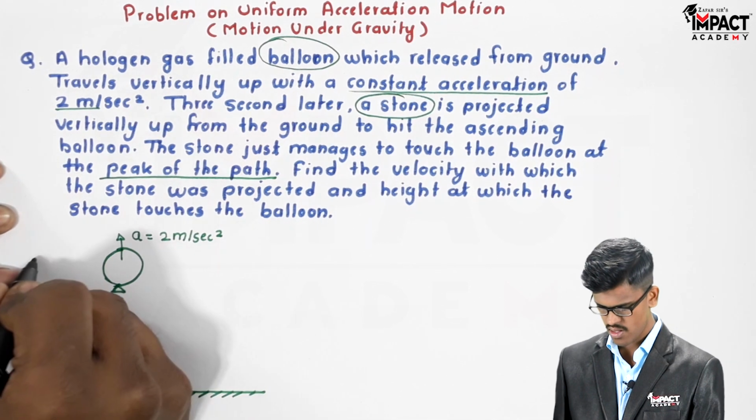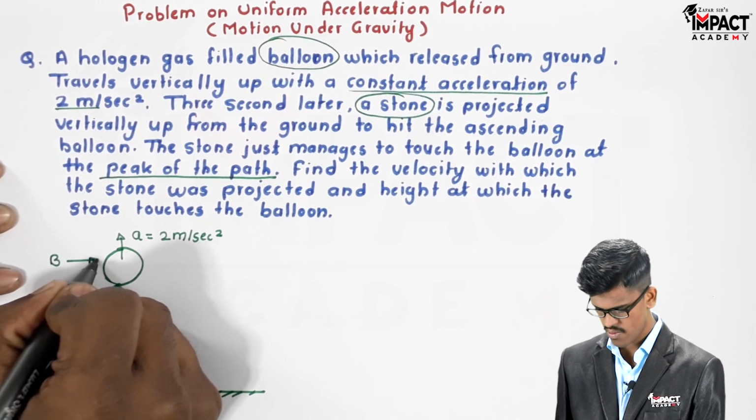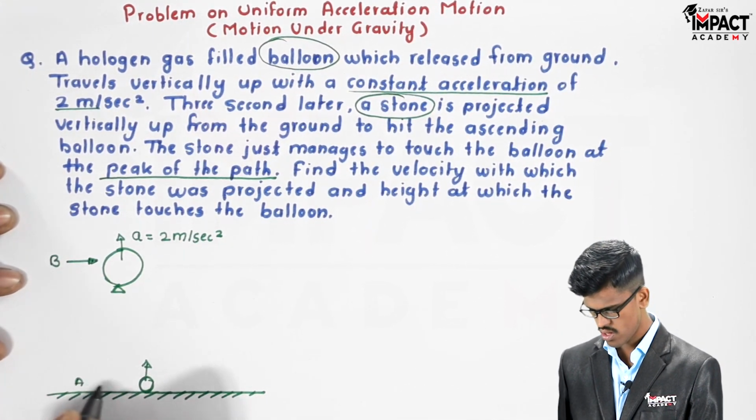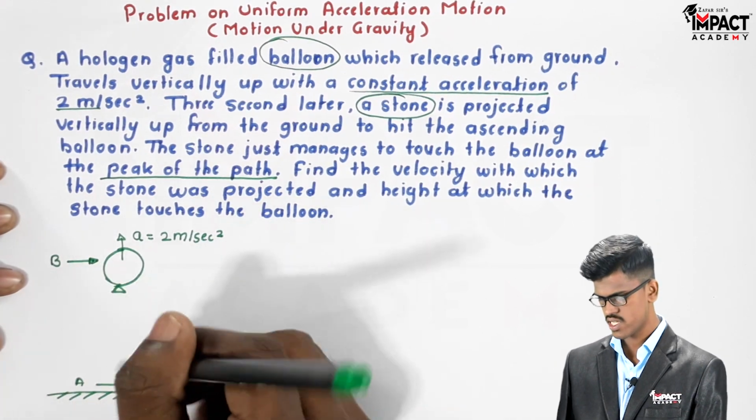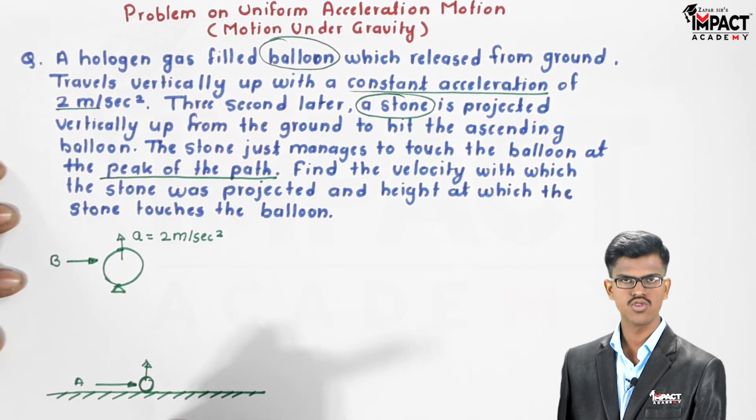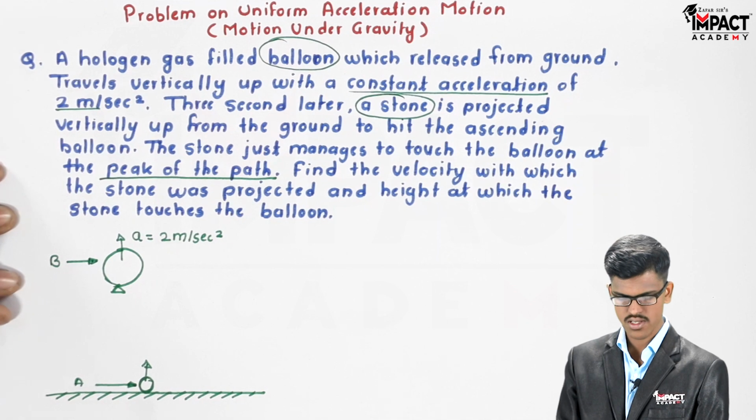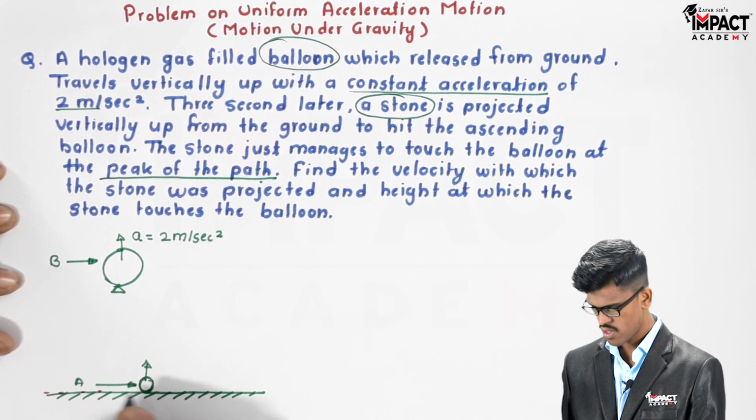Balloon B and stone. So in this question two bodies are involved, so we have to consider an origin first. I consider the ground as the origin level.